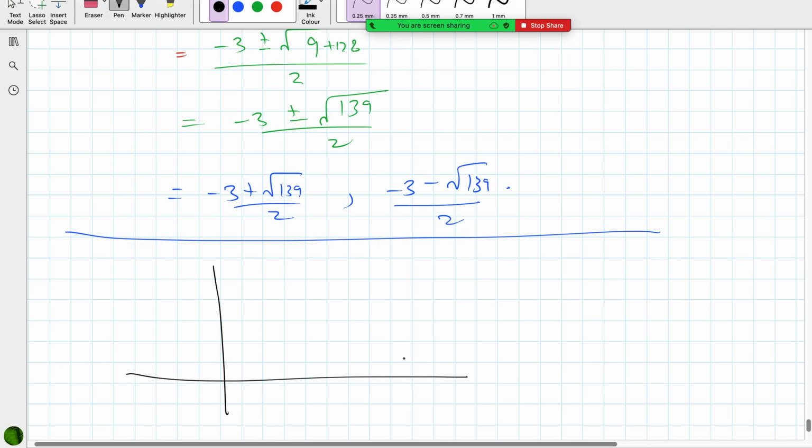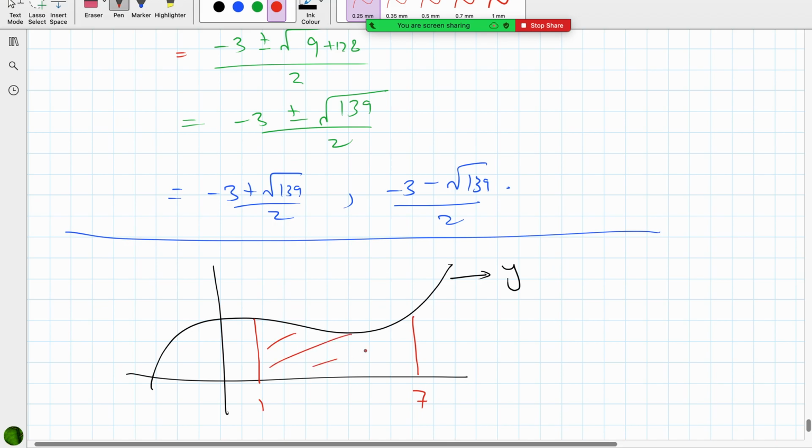This is the main scenario. Whatever the equation of the curve is, for example, you have this curve, so I'll call it y. You have the equation and you are given the limits, 1 and 7, and you're asked to find this area. So this area is equal to the integral of y with respect to x from 1 to 7.